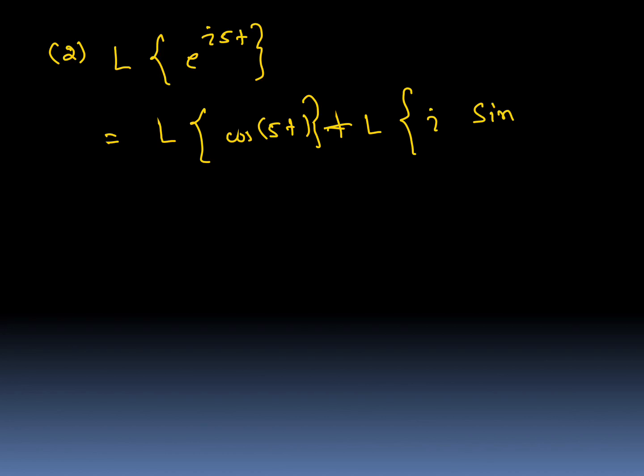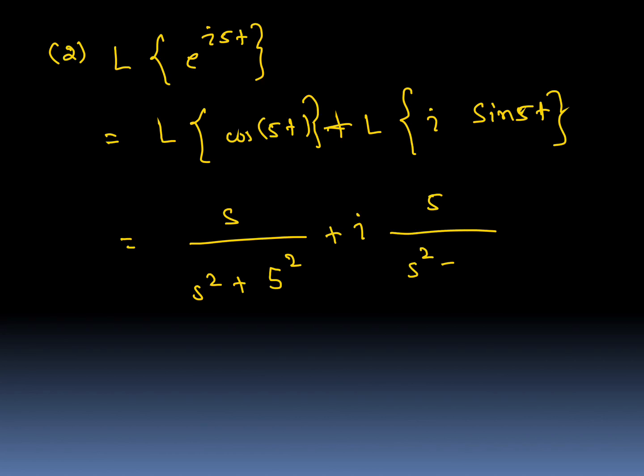Put the formulas individually: s by s square plus 5 square plus i times 5 by s square plus 5 square.